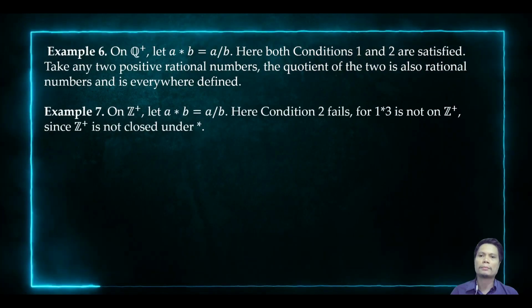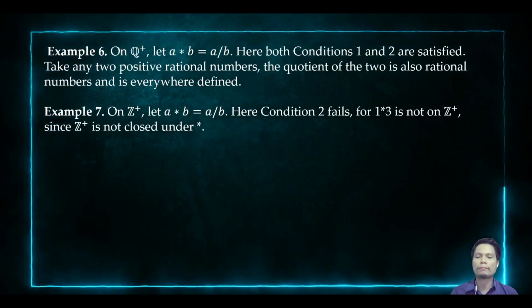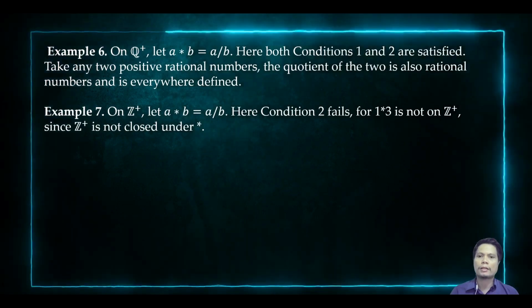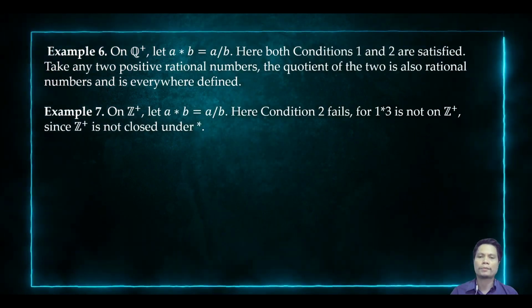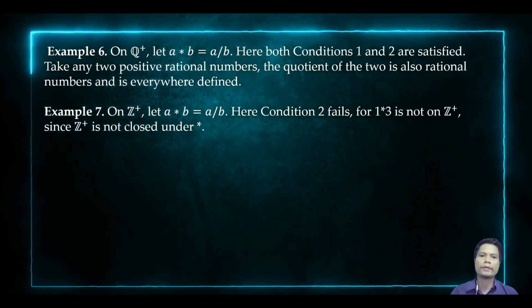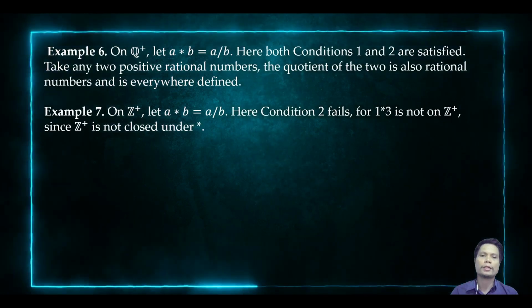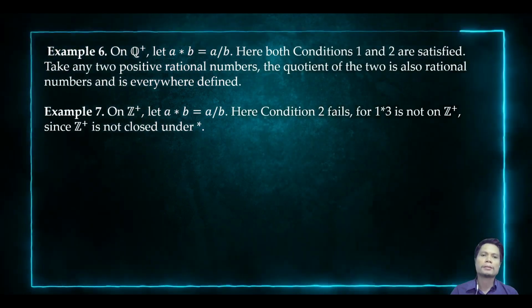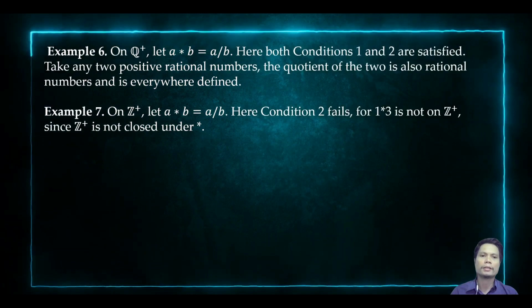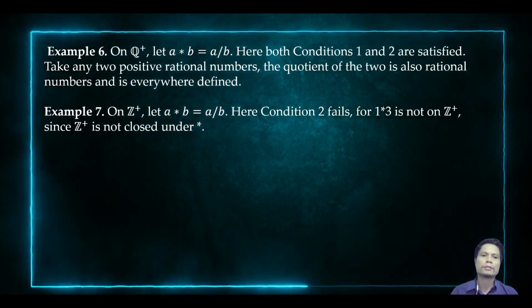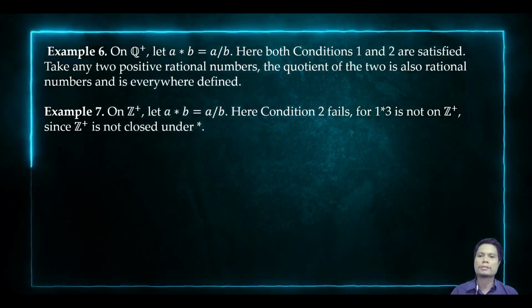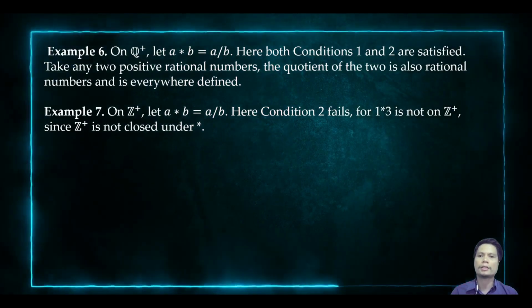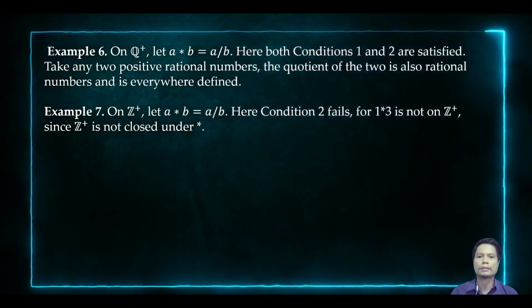Example number 7, on the set of positive integers, let a binary operation b is equal to a over b. Here, condition 2 fails. For 1 binary operation 3 is not in the set of positive integers, since positive integers are not closed under this binary operation.